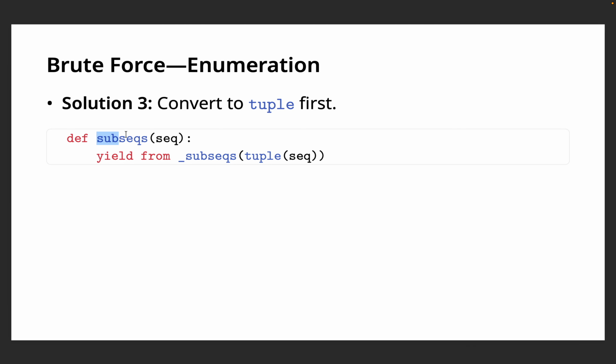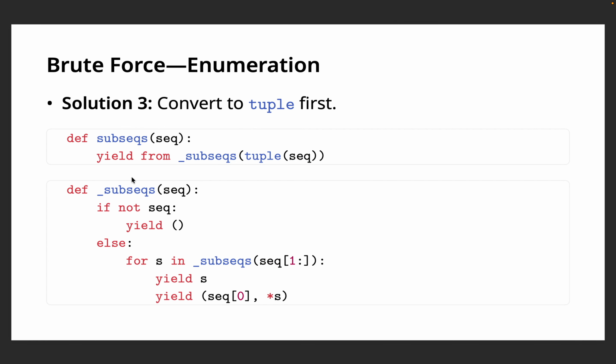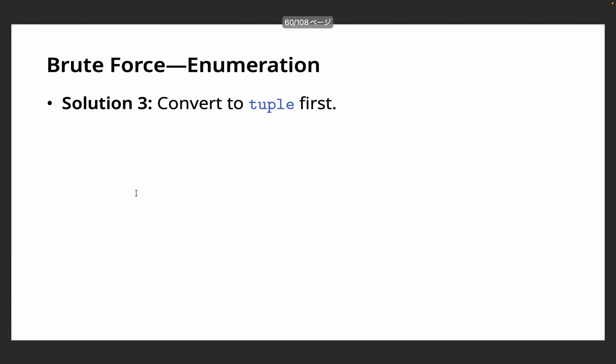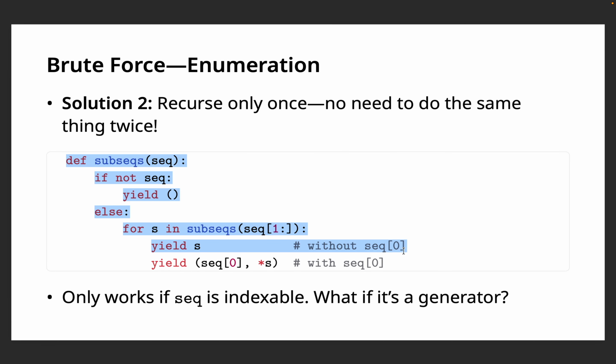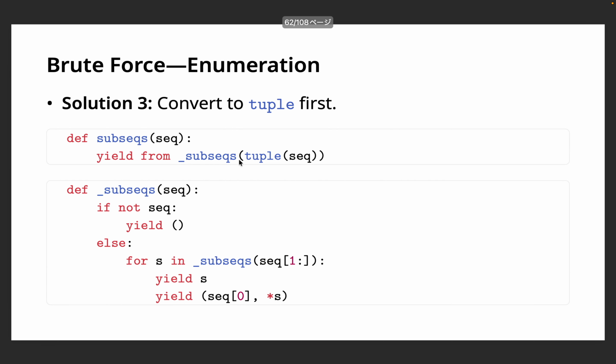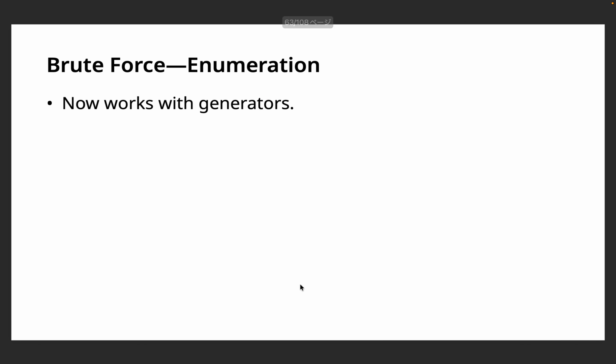So this is the subsequences function, and we're delegating it to a separate function, underscore subsequences. What we pass into this function is the same sequence, but we convert it to a tuple first. And this underscore subsequences is exactly the same as the second solution over here. So we convert first before we do all of the stuff over here. So yeah, this will now also work with generators.